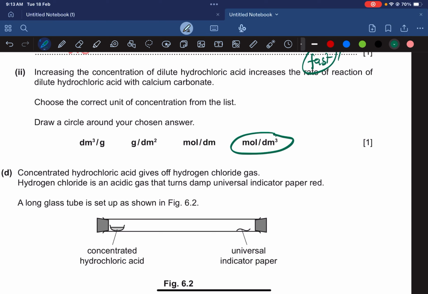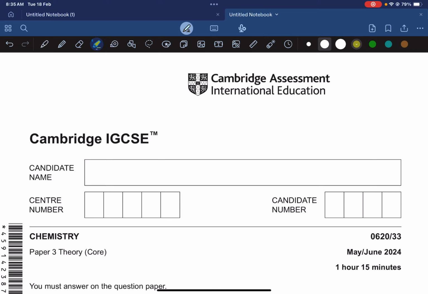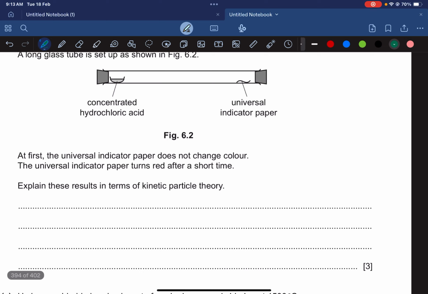A long glass tube is set up as shown in figure 6.2. Hydrochloric acid, HCl, universal indicator paper, it will turn it red. At first, universal indicator paper does not change color.